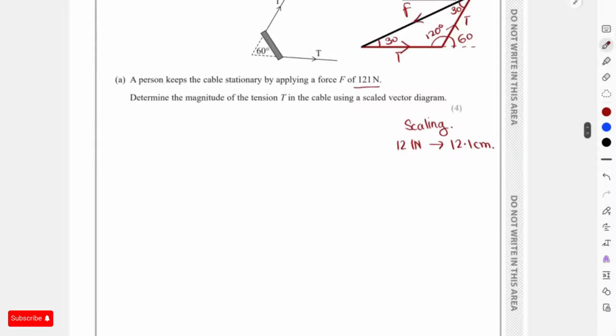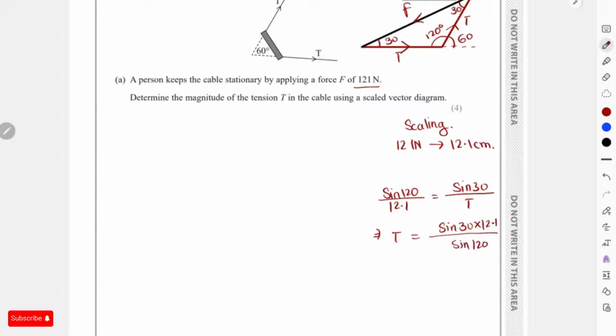For the length of tension, you can use the sine rule, which is sine 120 over 12.1 equivalent to sine 30 over the length of tension. So the length is sine 30 multiplied by 12.1, over sine 120.